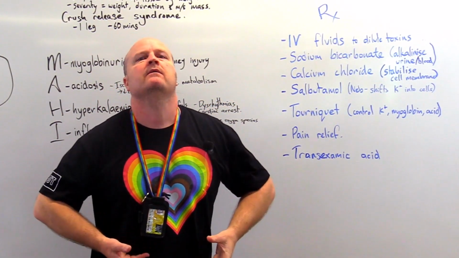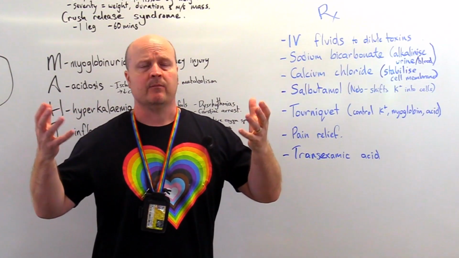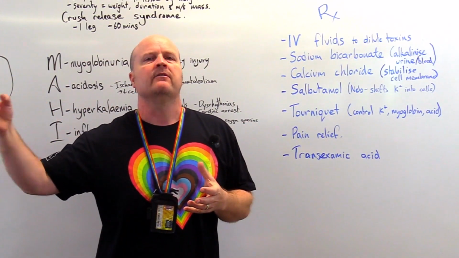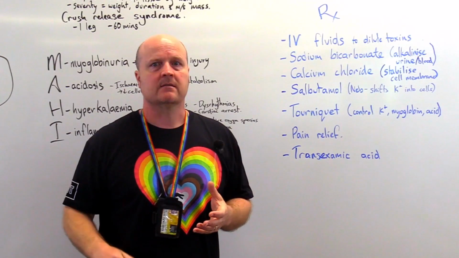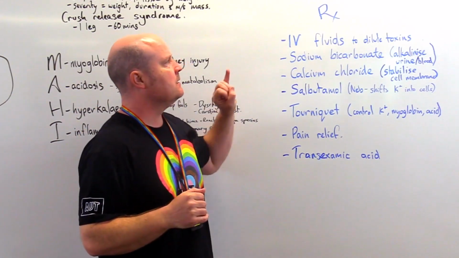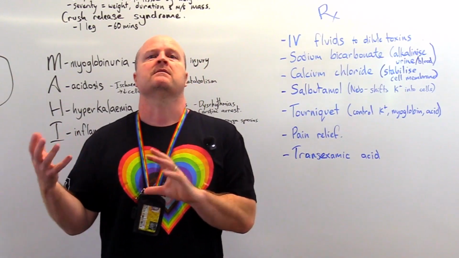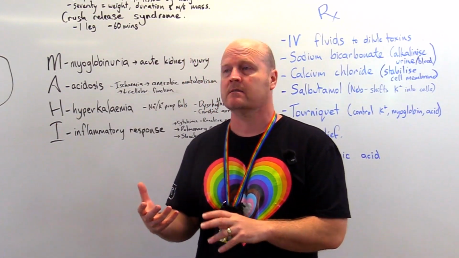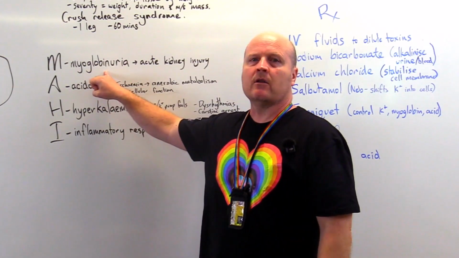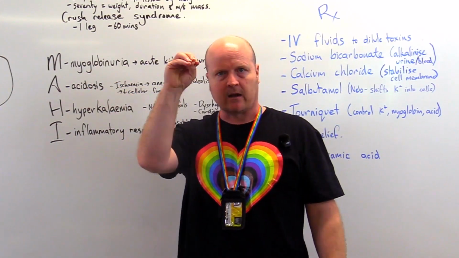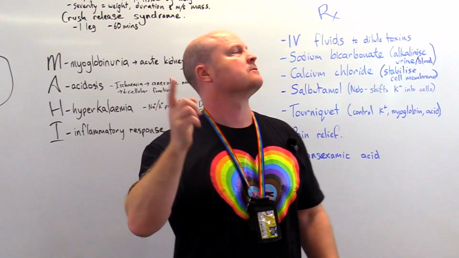When we get all this acidity building up, when the crush has been released, if we've got more alkaline in the body, it's going to help to neutralize that in the blood and the urine. And remember, if our urine's acidic, then we've got more chance of our myoglobin precipitating and forming clumps and blocking up our kidneys. So that's nice.